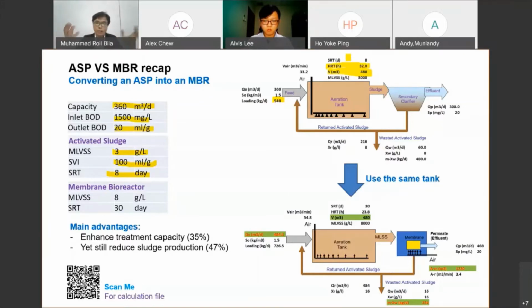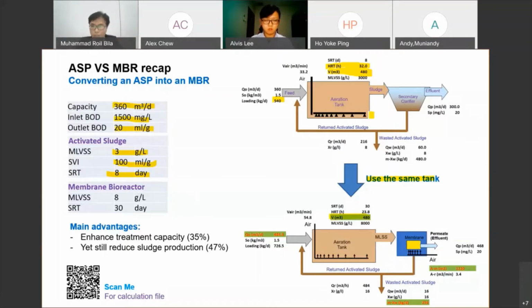So if I would like to convert the system, I'll use exactly the same volume of the tank. So I use the same volume of the tank, and I fix the volume. So what can change? Can I increase the capacity? What will be the main differences? Okay, I make a summary here. So I redesign the system.